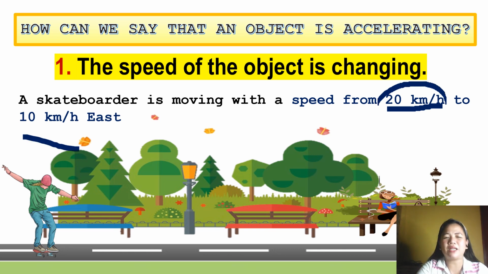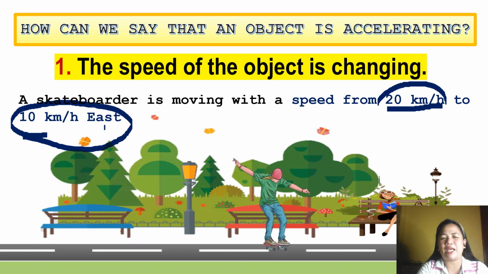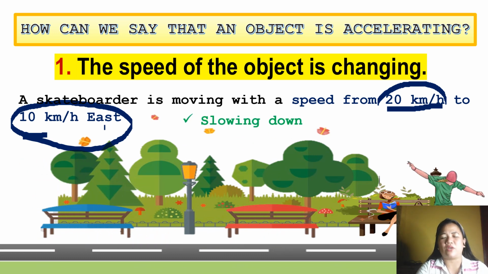So, pag ganyan ang case, mula mabilis, siguro meron siyang kasabay, kaya kailangan niyang prumeno from higher velocity or higher speed. Dahan-dahan nag-lower into 10 km. So, if that's the case, ang tawag natin dyan ay decelerating or slowing down.